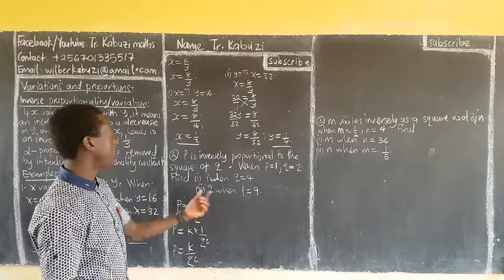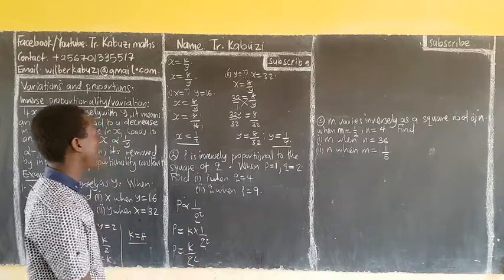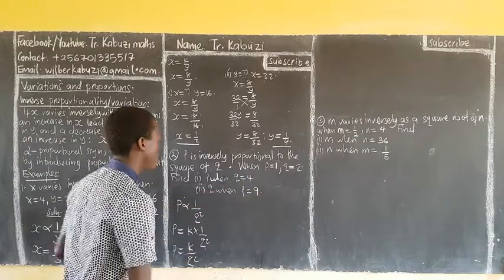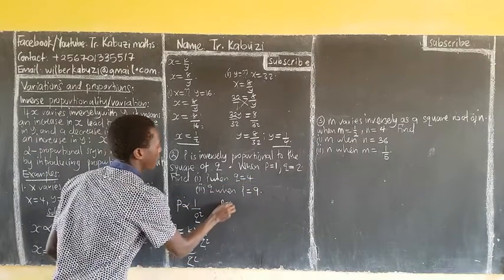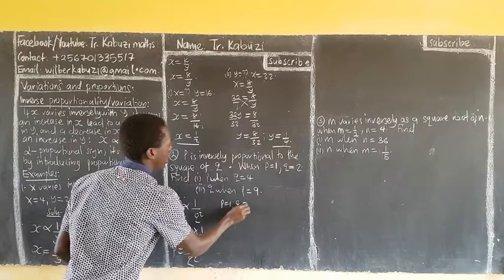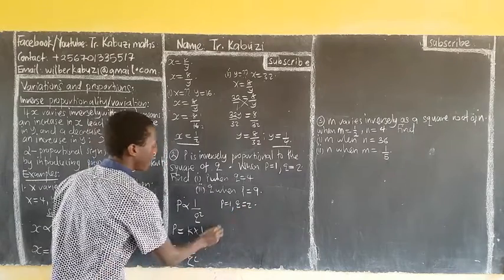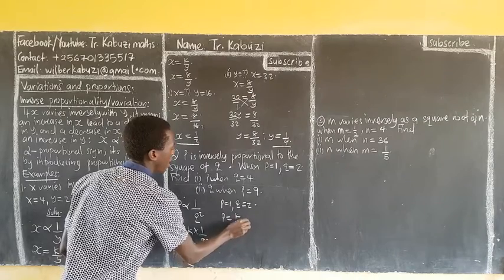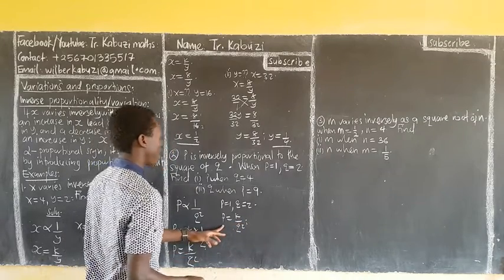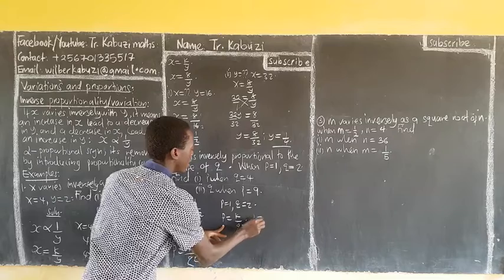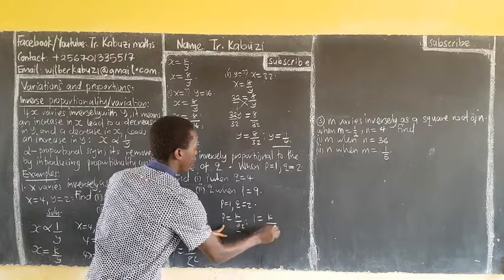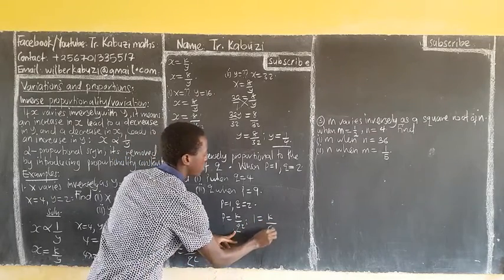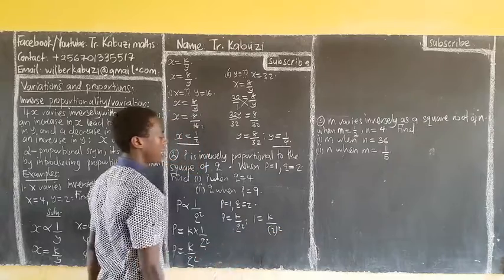Now we want to get the value of k. They are telling us that when p is 1, q is 2. So you put in our formula. From my p equaling k over q squared, it means that p is 1 equaling k over q, which is 2. But remember, I'm squaring it.